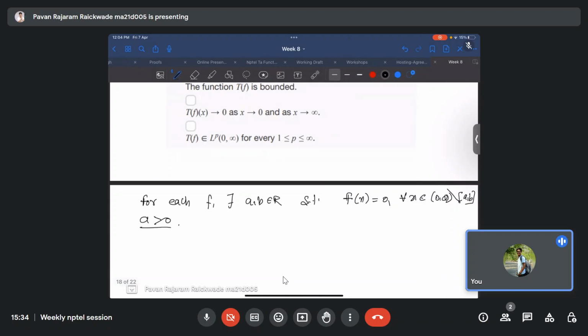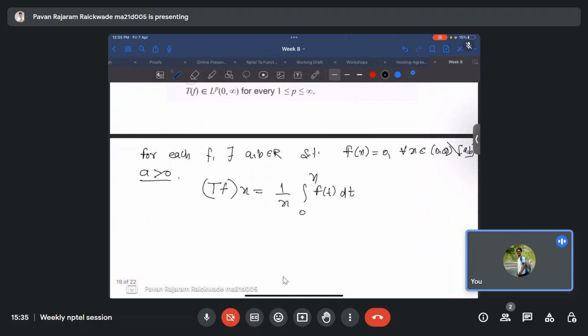So what is Tf? 1 by x integral 0 to x f(t) dt, right? This is how it is defined. So if we see it in three parts: if x belongs to (0, a), f(x) is anyway 0, that means Tf at x is again 0, no problem.